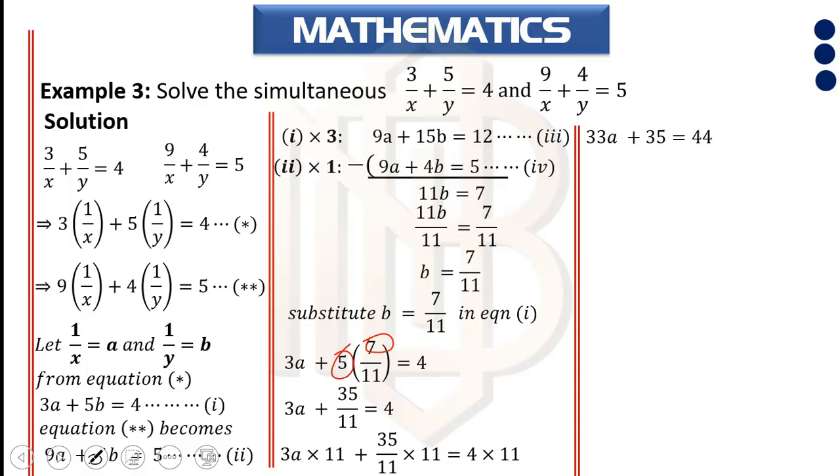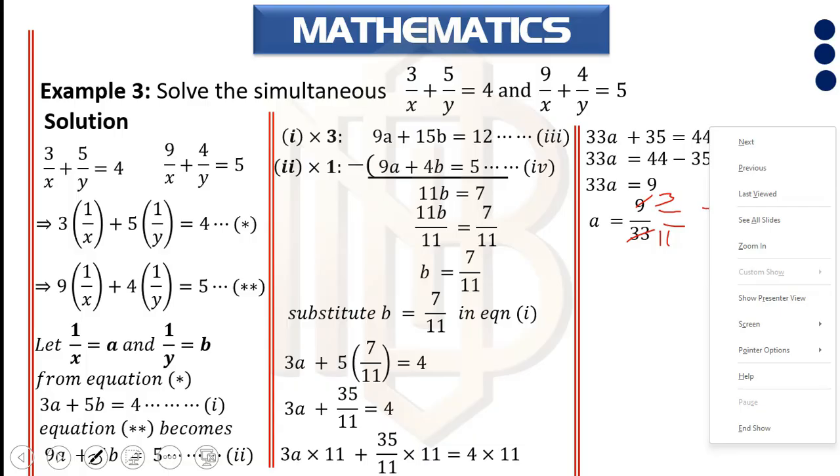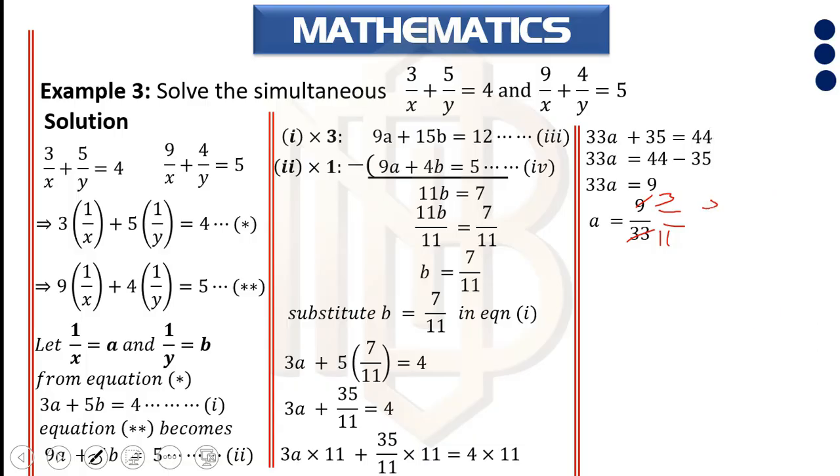And from there we can conveniently say that 33a equals to, which is going to give us, that's 3a, 3 in 33, 11, that's going to be 3 over 11. So that's our answer there.